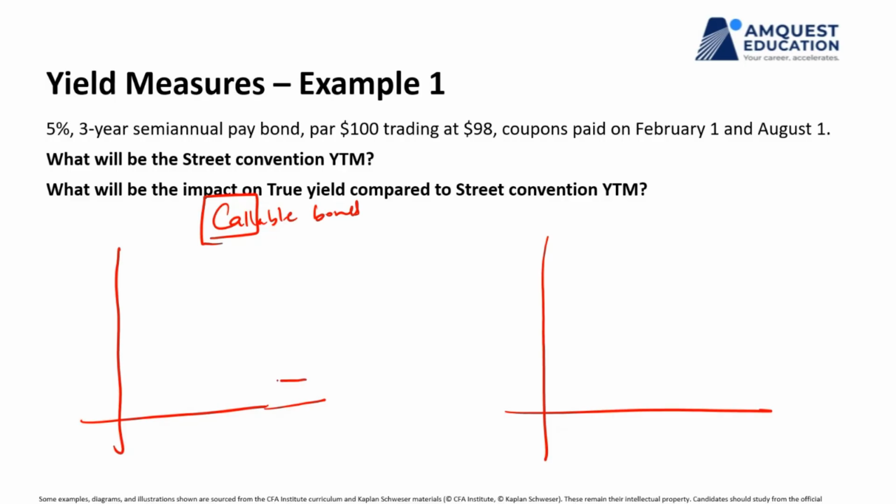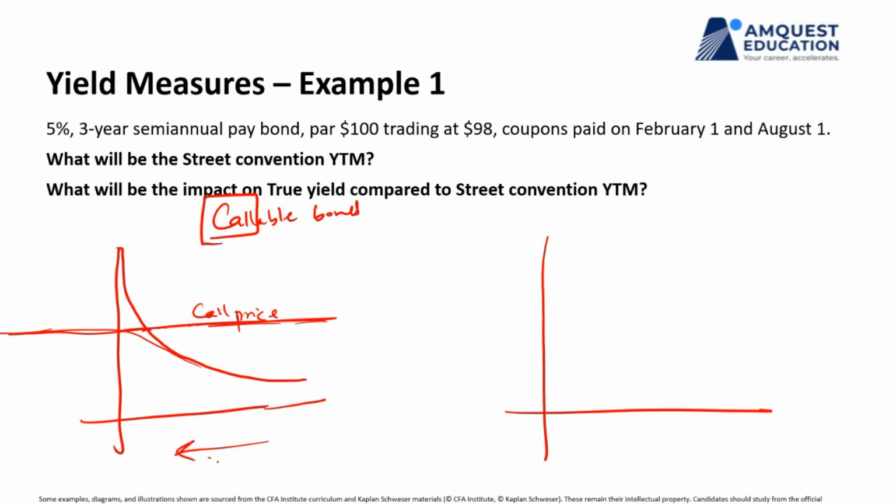So if interest rates decrease, the bond price keeps increasing. If it is a callable bond, the issuer will buy it back at a fixed price, and this price is called your call price. It will not go beyond this price. It will be just bought at this price.